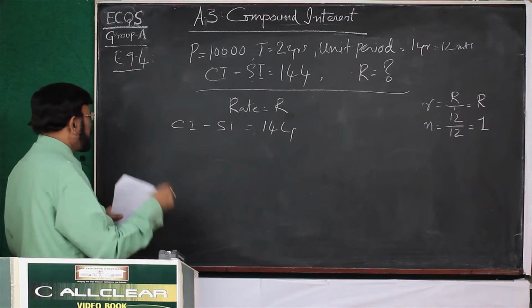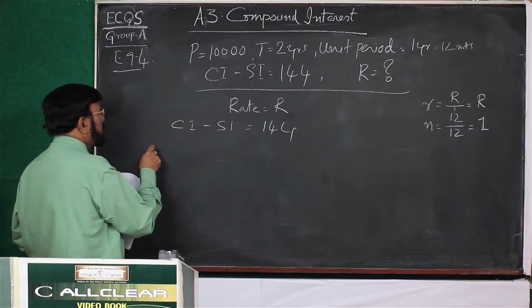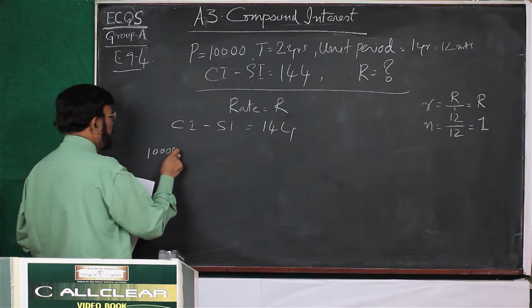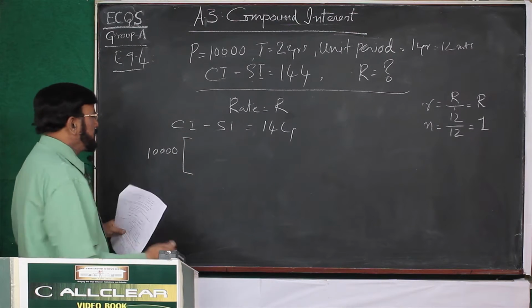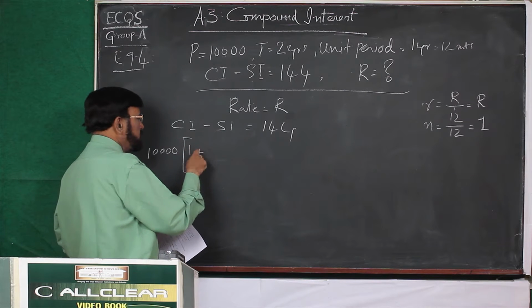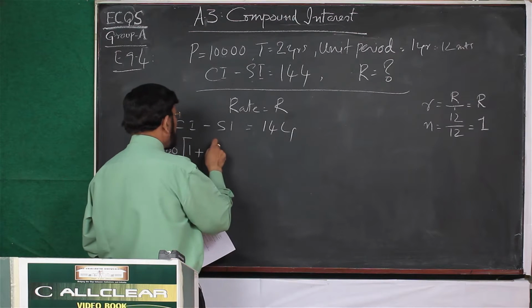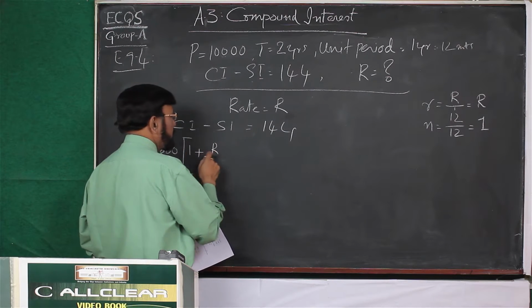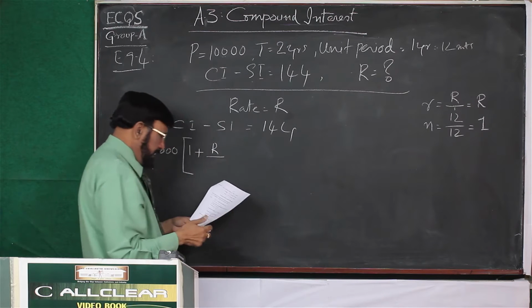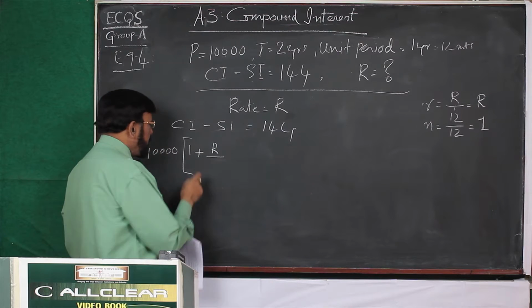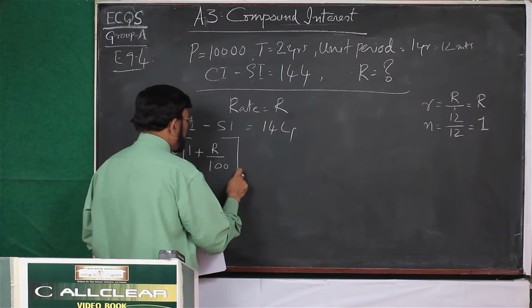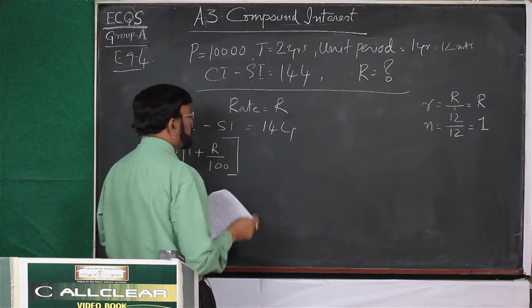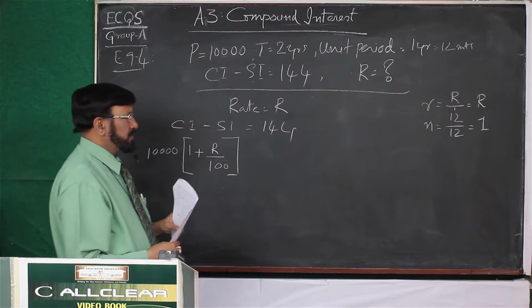Then you see, P is 10,000 into (1 plus R by 100) to the power of T into n.